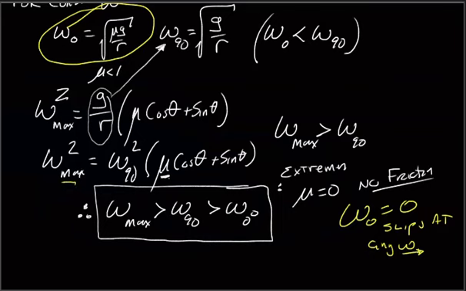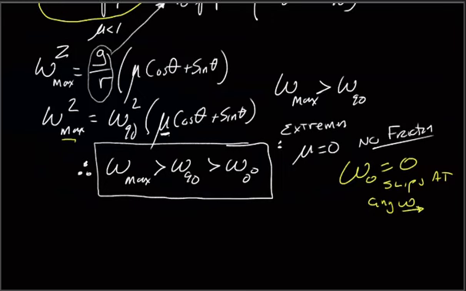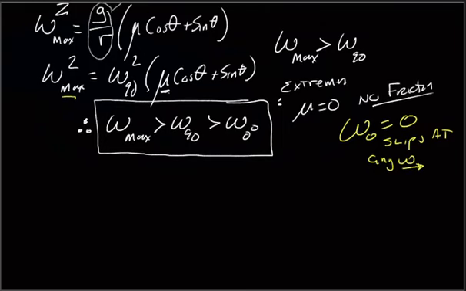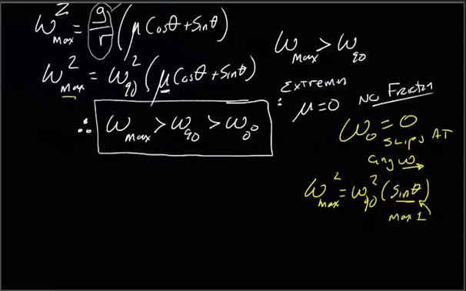And omega max, if mu is 0, we get that omega max squared is omega 90 squared times sine theta, in which case that max is at 1. Omega max equals omega 90 at 90 degrees at the top.